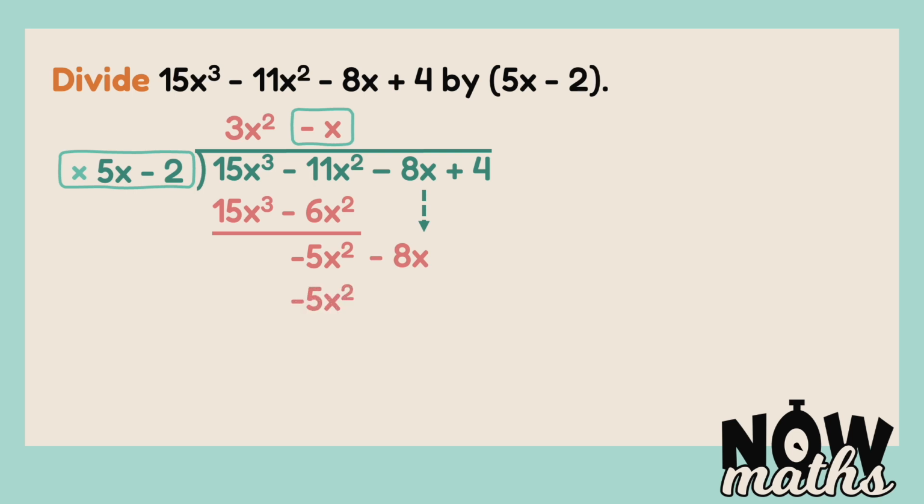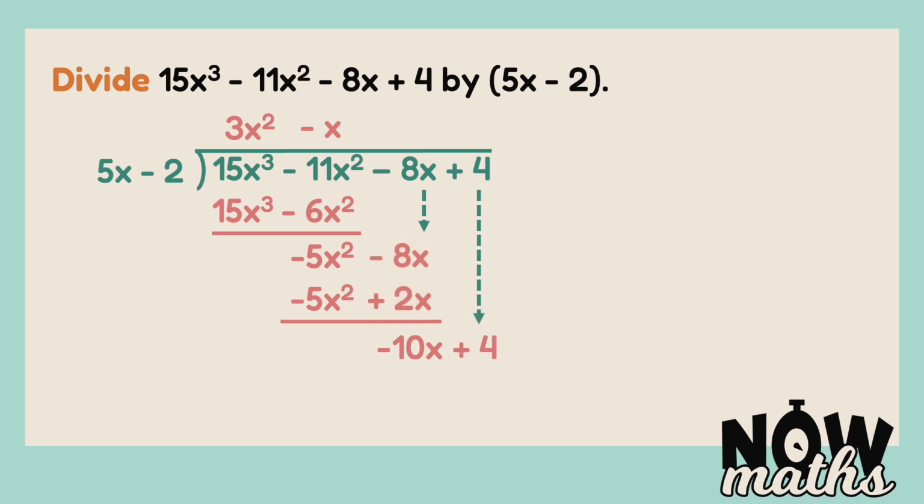So negative x multiplied by 5x is negative 5x squared, and negative x multiplied by negative 2 is positive 2x. We now subtract to work out the remainder, and negative 5x squared subtract negative 5x squared is 0, and negative 8x subtract 2x is negative 10x. And we bring down the final term from our cubic, which is 4.